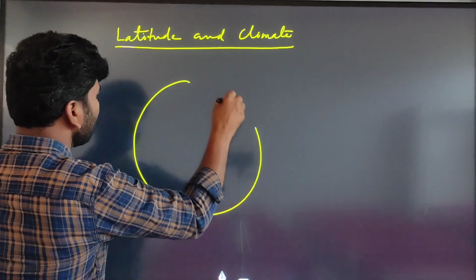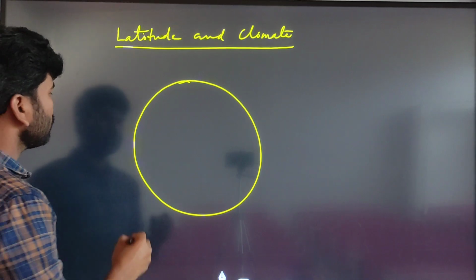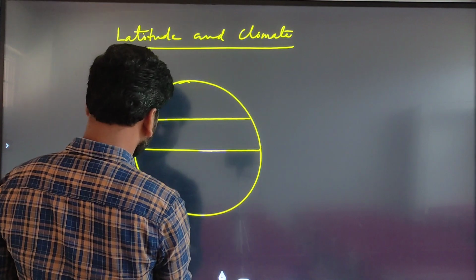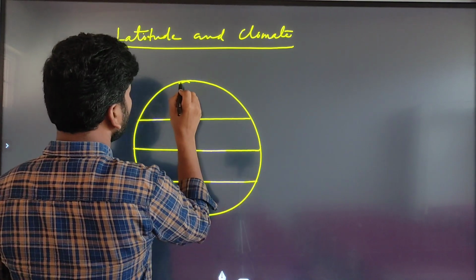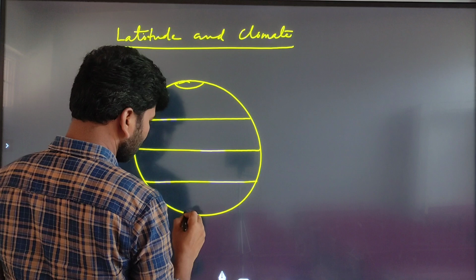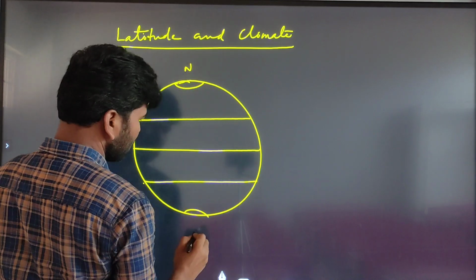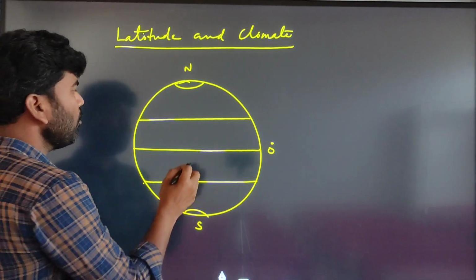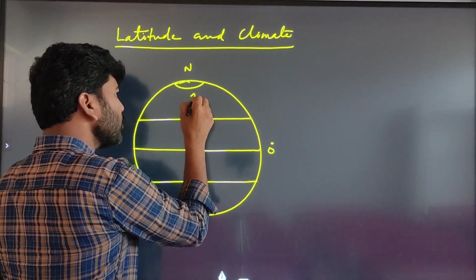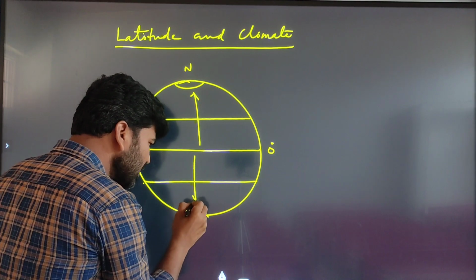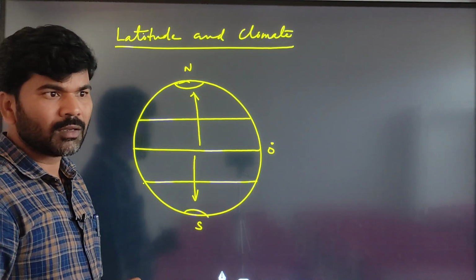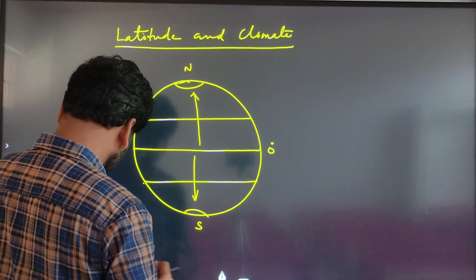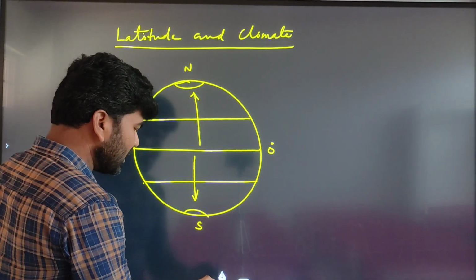This is the equator, this is the tropics, and this is the pole. North pole, south pole, 0 degrees. So moving away from the equator towards the poles, the temperature decreases.